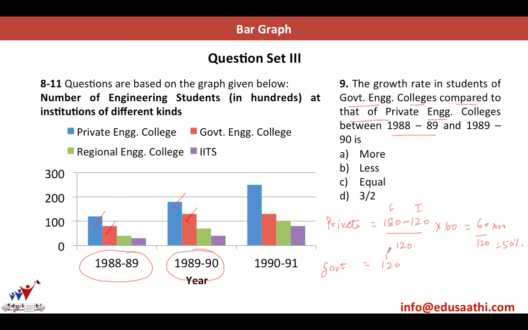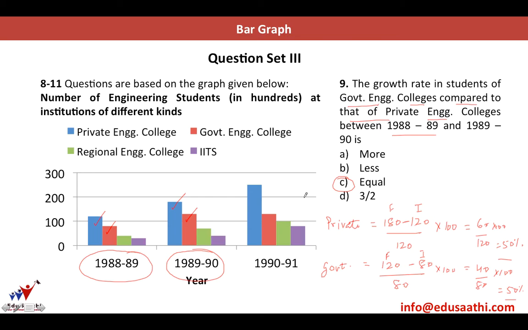So I have the final value minus the initial value, which is somewhere close to 80, divided by the initial value, which is again 80, into 100. So this gives me 40 by 80 into 100, which is again 50%. So for both the private and the government engineering colleges, the growth rate is the same. So the correct option is the C part here.